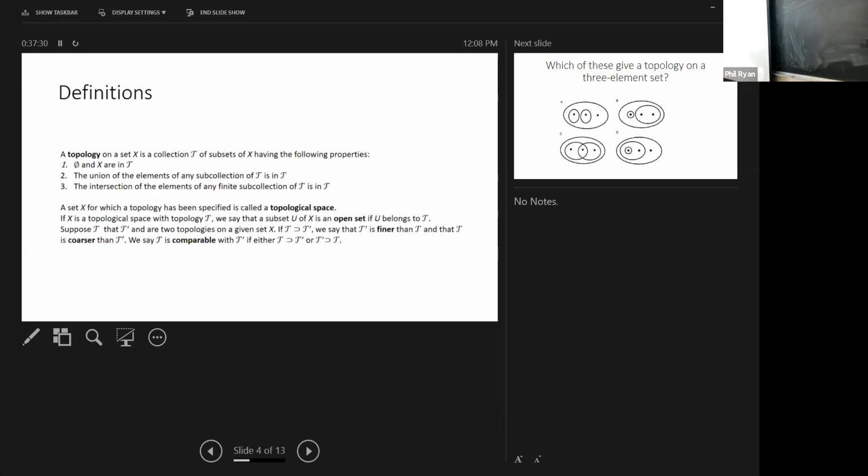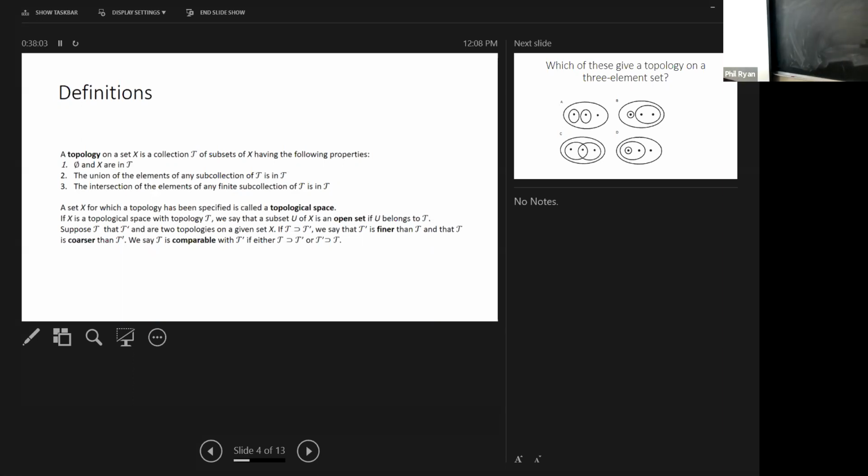Because if you take, say, the collection of intervals from -1/n to 1/n, and take the infinite intersection, you get just the point 0, which is closed. So this is important.